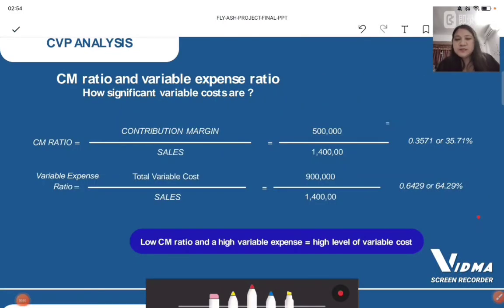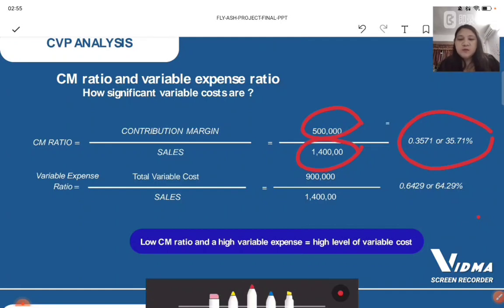The first component under CVP analysis is our contribution margin ratio and variable expense ratio. Contribution margin ratio is calculated by dividing the contribution margin over the total sales. So remember that our contribution margin was the sales minus our variable expenses. So that's 500,000 divided by 1.4 million rupees. That gives us 35.71%.